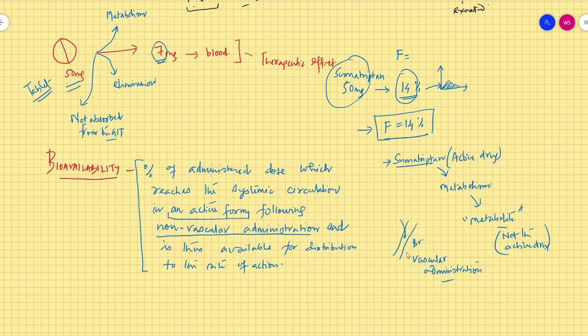So tablet is an oral administration. It is non-vascular. Tablet is non-vascular. We are giving it orally. Following non-vascular administration and is thus available for distribution to the site of action.